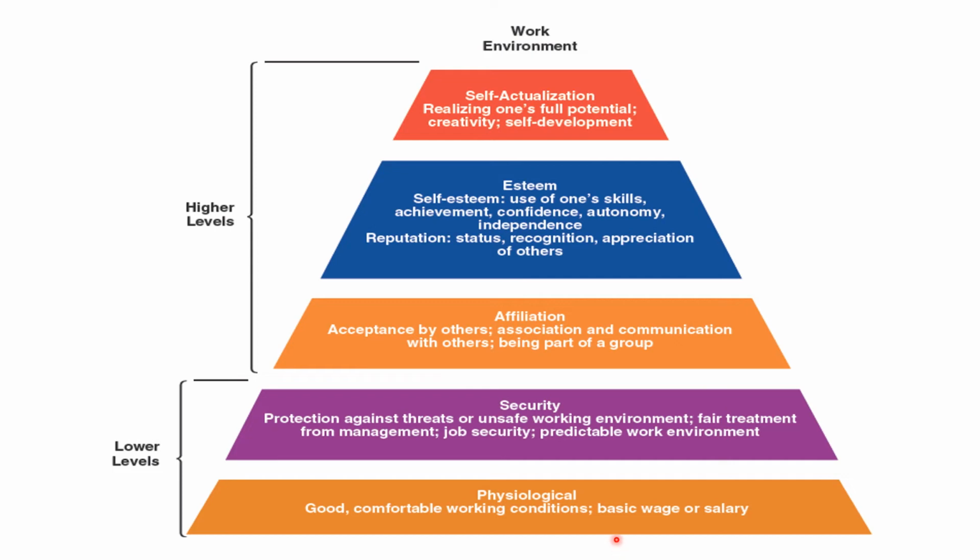After we fulfill all this, we go to the security needs. Security needs are the protection against strict or unsafe working environments. For example, you want fair treatment from the management, job security, a stable job, and a predictable work environment.